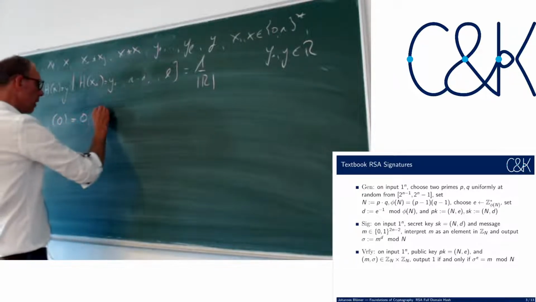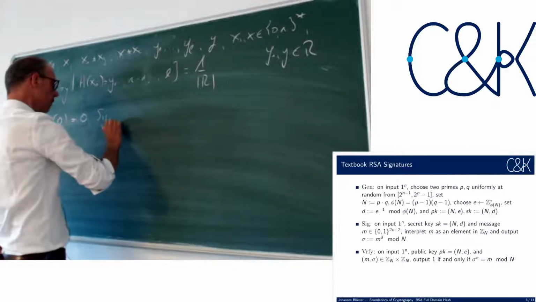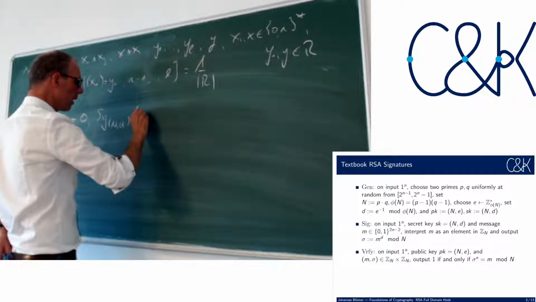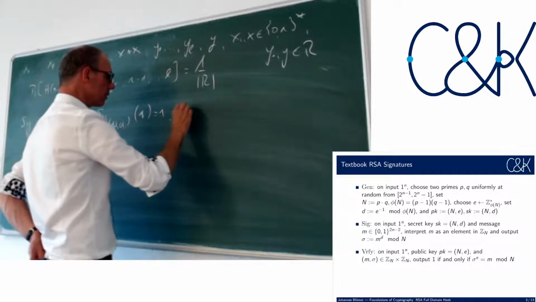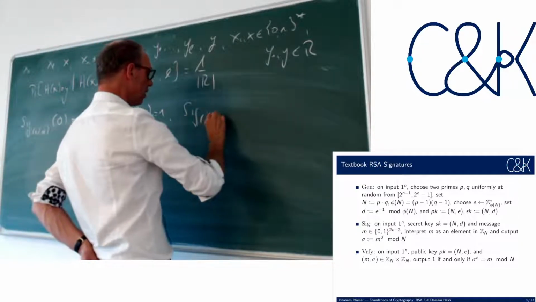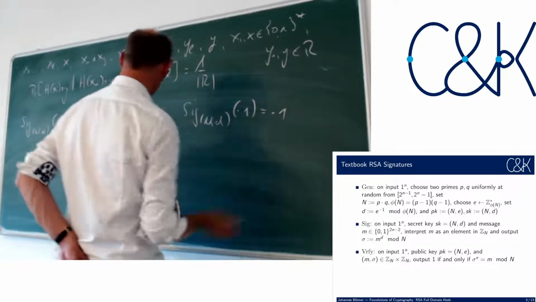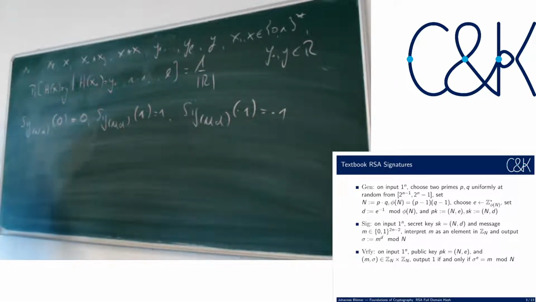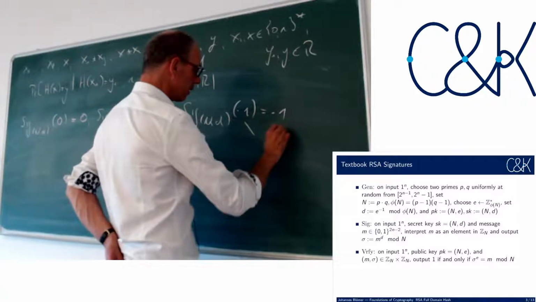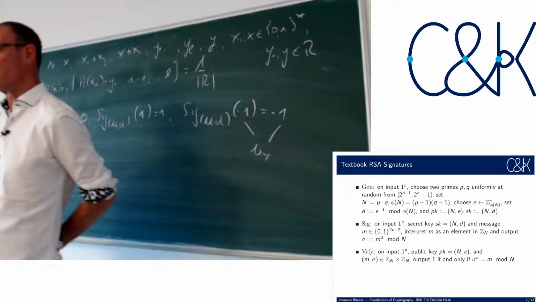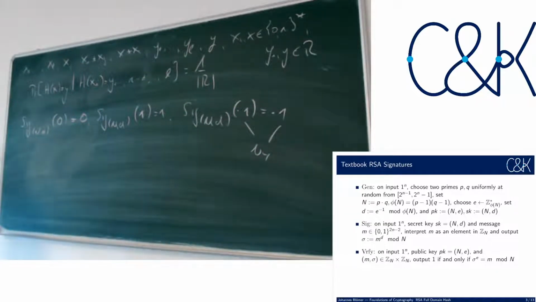But we also have that the signature of plus 1 is 1, and the signature of minus 1 is also minus 1. Just to make sure, minus 1 here is the same as n minus 1. It's in the same representative class as n minus 1.